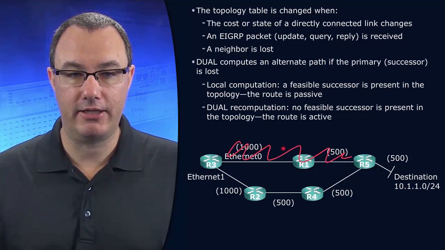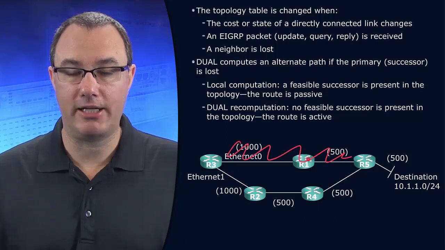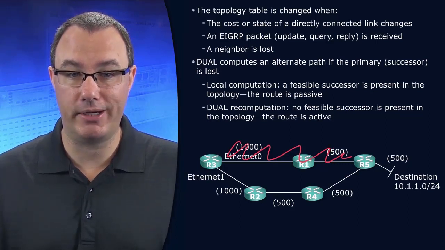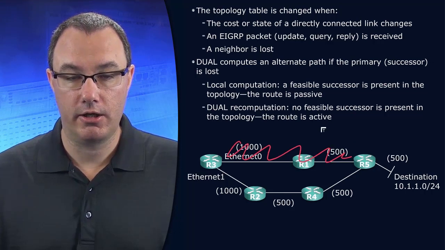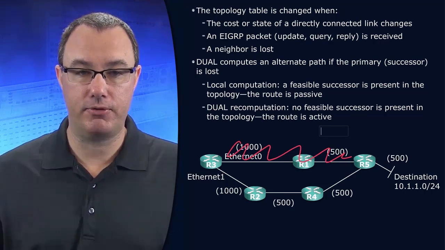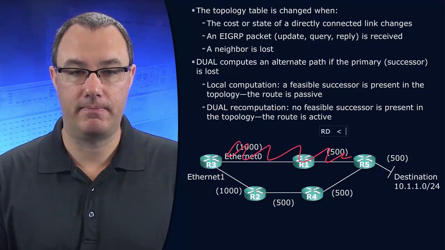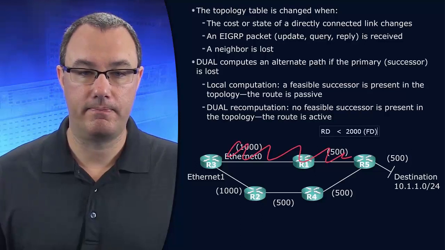Now, in this case, I just dropped connectivity on the top pathway. Did we have a feasible successor? Let's figure that out on our own, shall we? In order for this to work, we have to have the reported distance be less than the 2,000, which is the feasible distance.